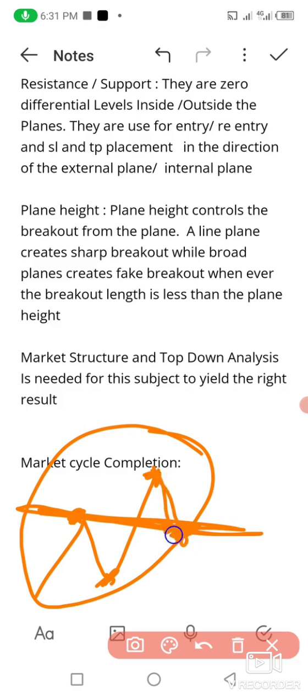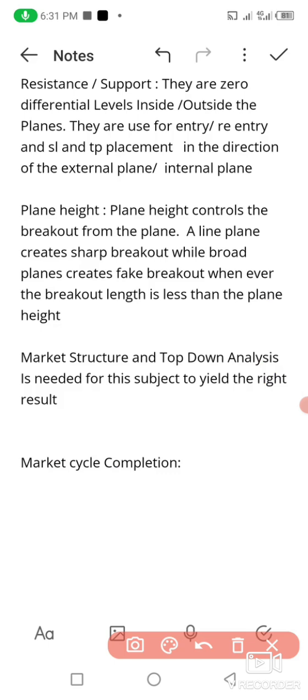That's when there's cycle completion, and then you need to see some output signal going up like this, and then you can enter somewhere in between and continue the move to the upside. That is one of the knowledge you have to get.